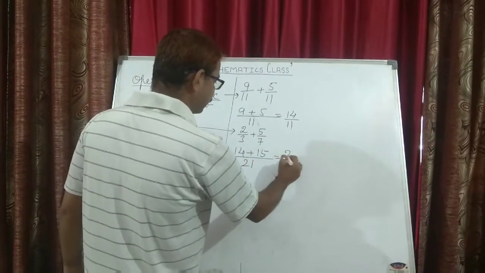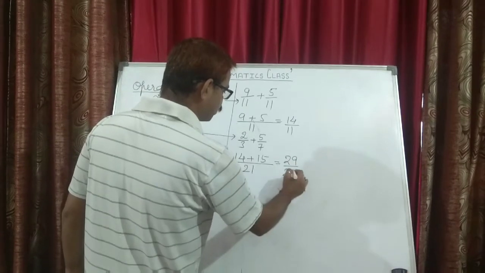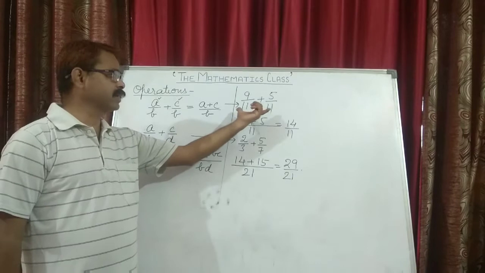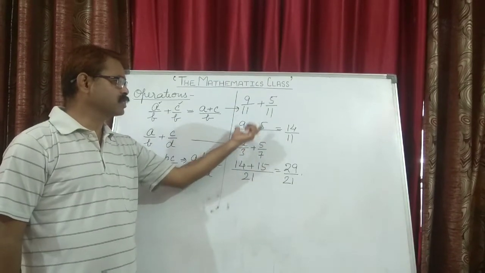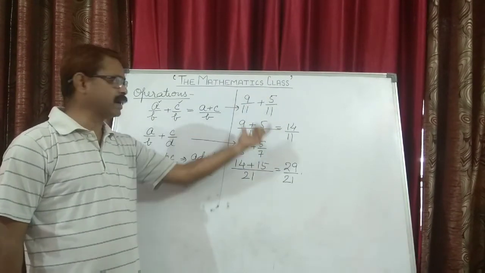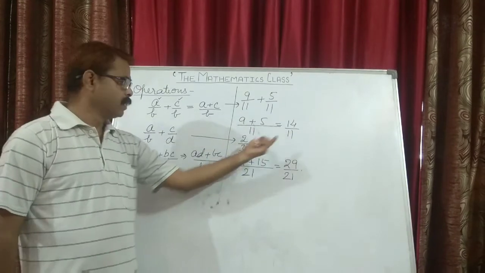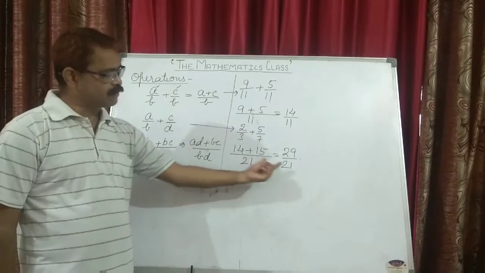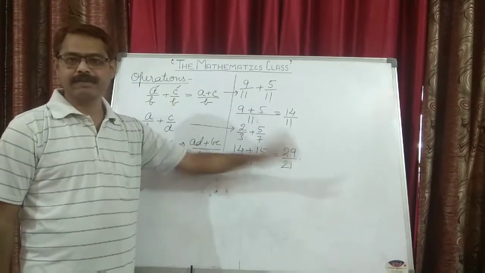So it comes out to be 29 upon 21. Now you can see the difference. In the first case the denominators were the same, so we simply added the numerator part and wrote the denominator. Simple thing. But when the denominators are different, we take the LCM and then solve it out. So this is the final value.